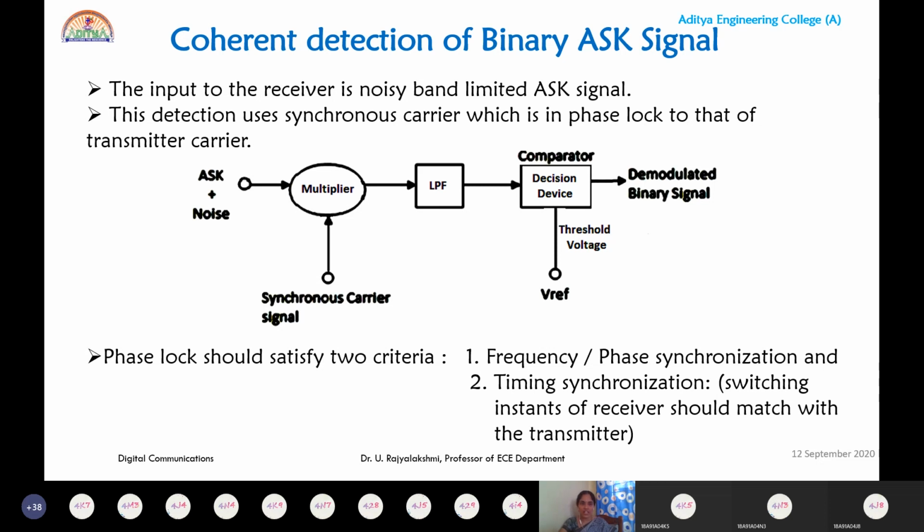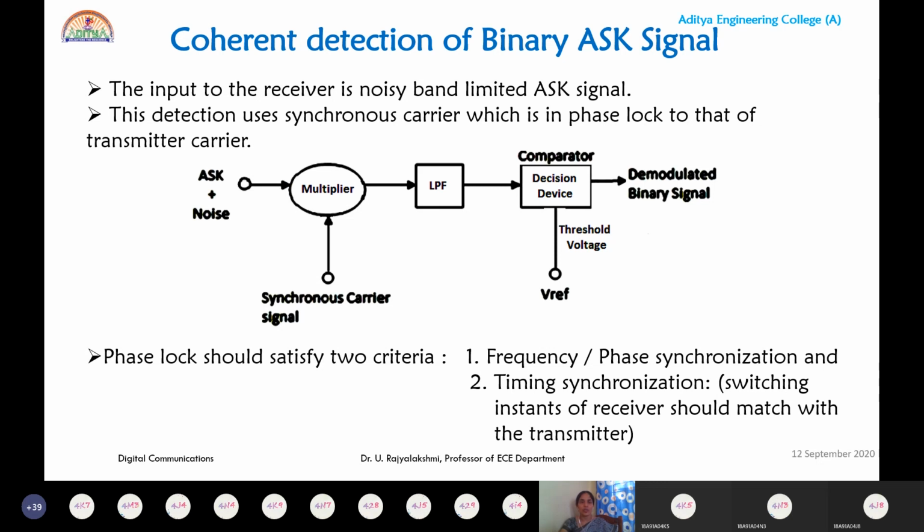Simply A_C cos omega_C t when data is 1, and when the input x(t) is 0, our ASK signal is also 0. That is applied to the multiplier whose other input is a synchronous carrier. So both are applied to the multiplier.